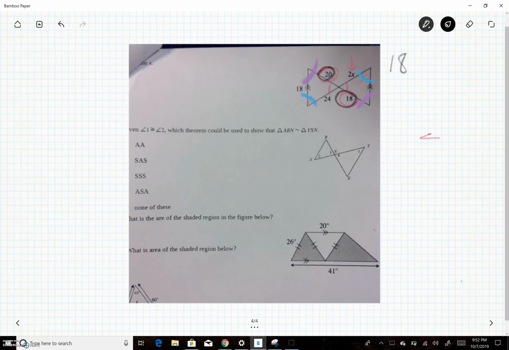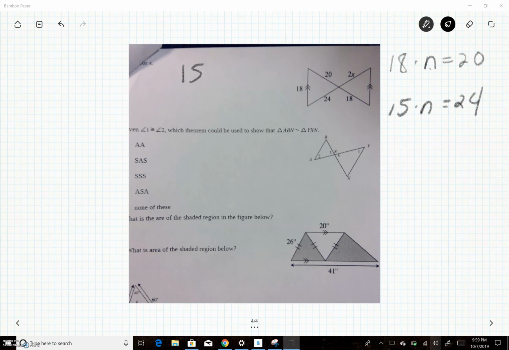So that means 18 times some number we don't know is going to be 20, and 2x times some number we don't know, let's change this to be a different letter, n, is going to be 24, right? So we know that there's some number n that we need to figure out, if we multiply by both of them, it's going to give us the same value.